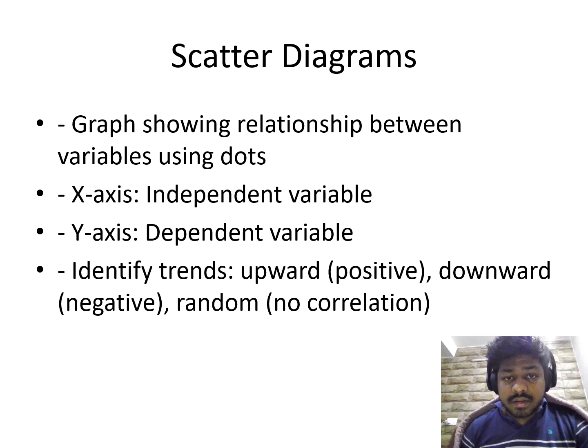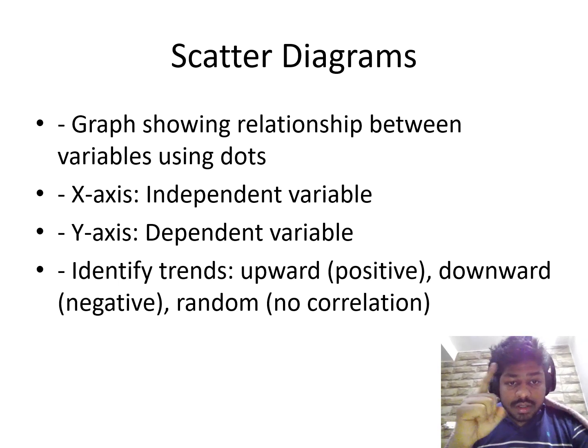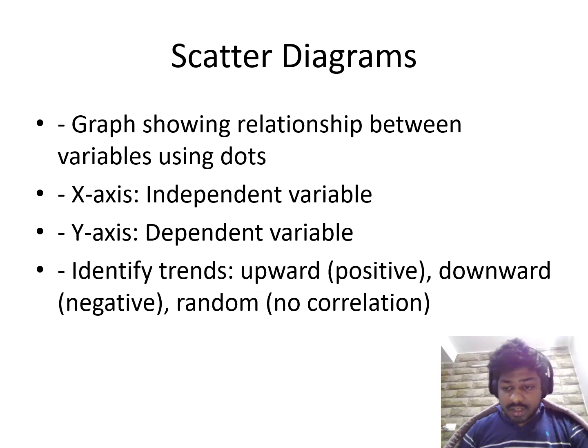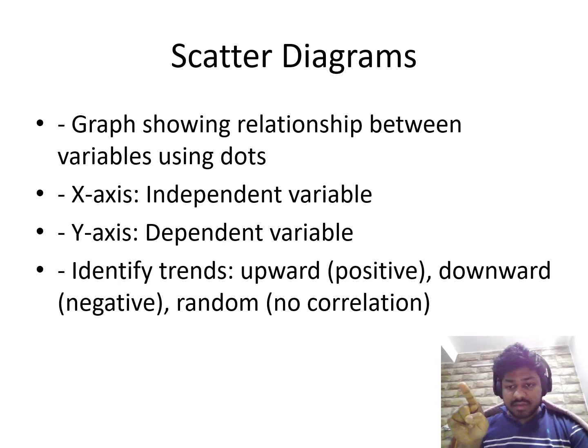Now we are coming to scatter diagrams. Scatter diagrams show us the relationship between variables using a scatter plot. Here in this plot, the x-axis is the independent variable and the y-axis is the dependent variable.